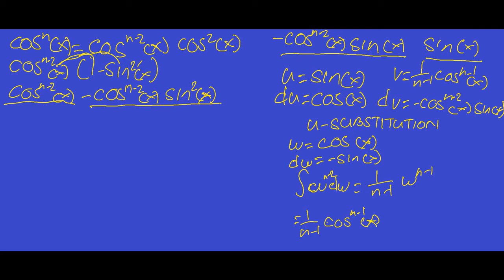So, meron siyang 1 over n minus 1 cosine raised to the power n minus 1. Yun ang v. So, ang susunod natin gawin is yung formula ng integration by parts.